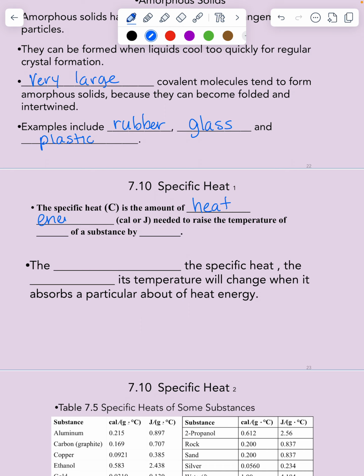The amount of heat energy needed to raise the temperature of 1 gram of a substance 1 degree Celsius. This is called specific heat. The larger the specific heat, the less its temperature will change when it absorbs a particular amount of heat energy. So water has one of the highest specific heats.